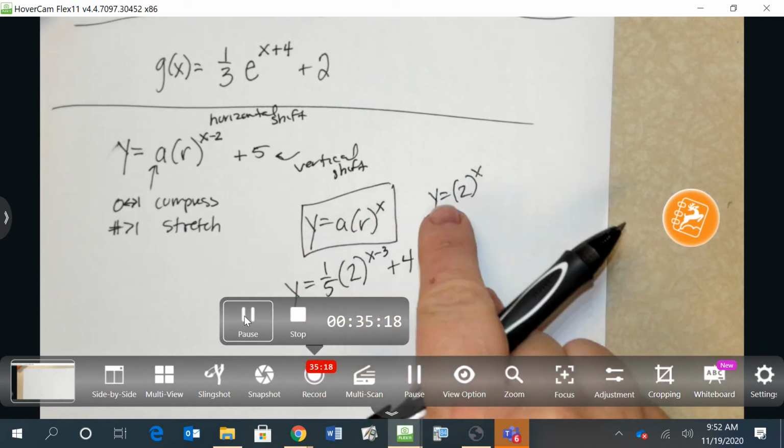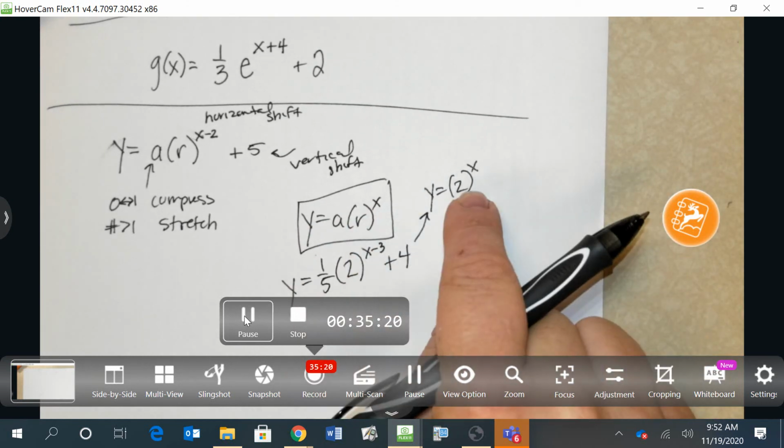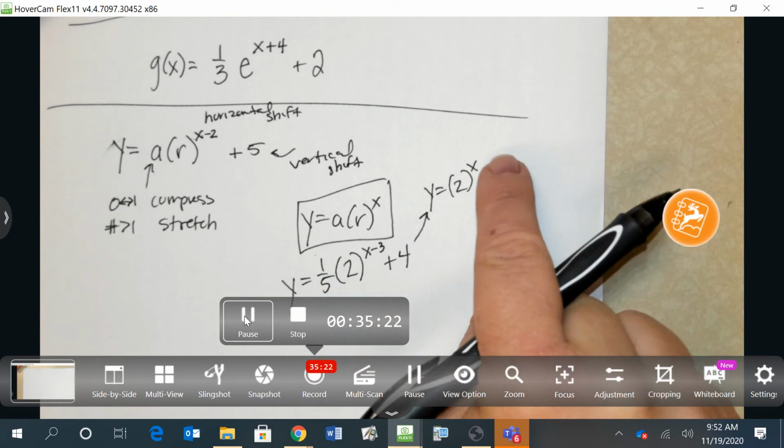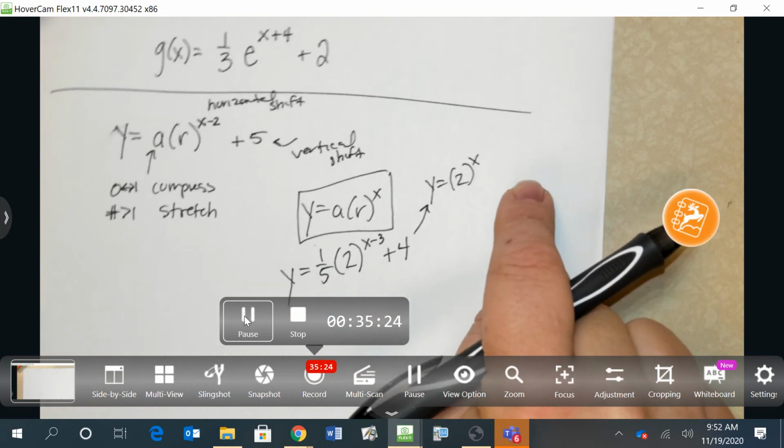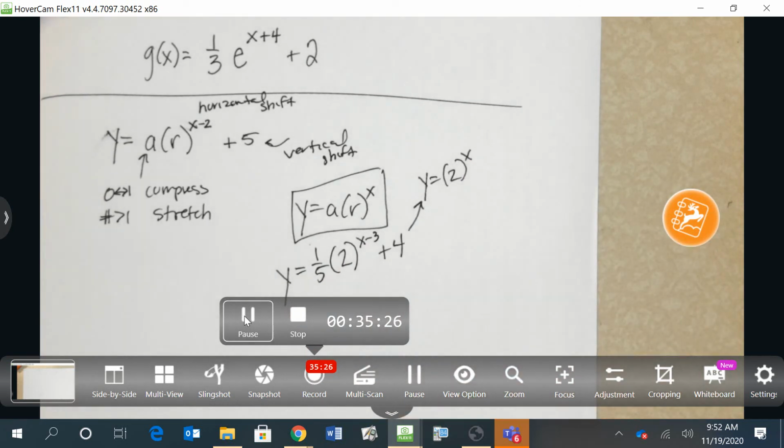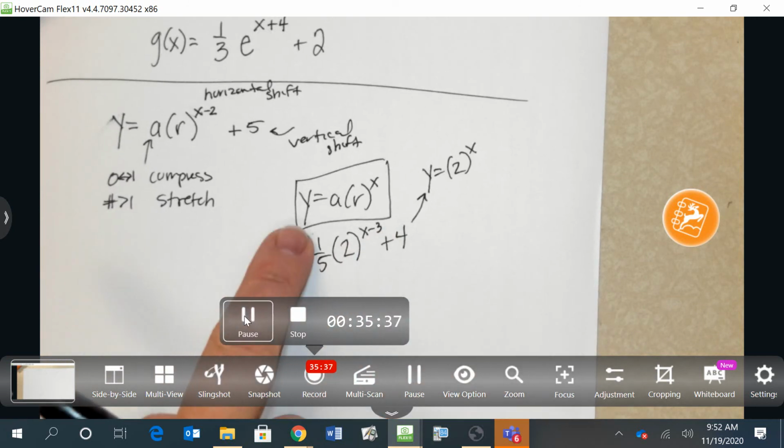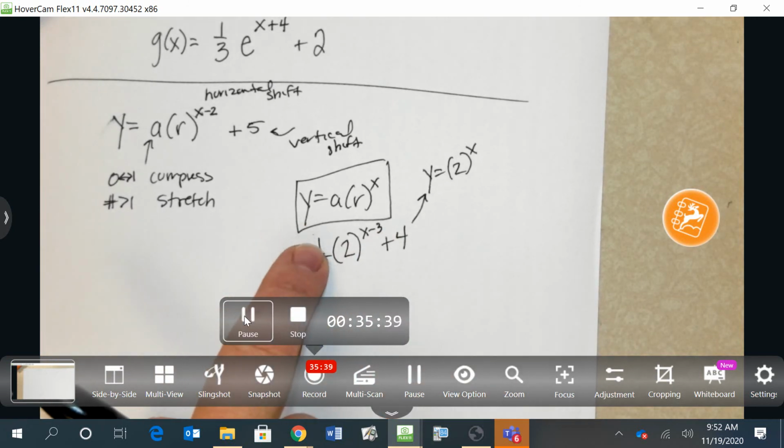This is the parent function. Now I've put something in front, something up above, and something in back. If you had to describe it in words, the order you describe in doesn't matter. What can we say? Well, I know that 1/5 is between 0 and 1, so I would say that this particular graph is going to compress vertically by a factor of 1/5.